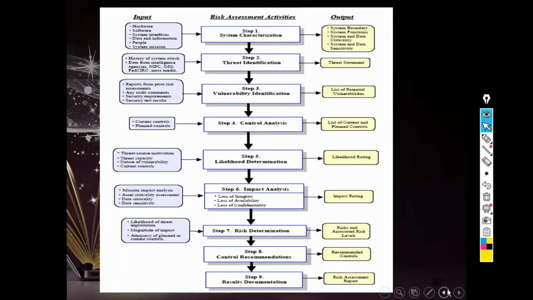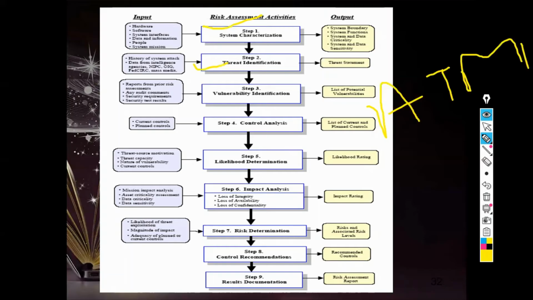So this is the sample risk assessment methodology. Risk assessment activity: your identification of the system characteristics, you have identified your system, you have identified the threat, you have identified the vulnerability. This is the overall flowchart that we have seen till now. Asset identification, then threat identification, vulnerability identification. Next step would be the control analysis, whether it can be controlled or not. Your ATMA, what we have discussed, whether risk can be avoided, transferred, mitigated, or accepted.